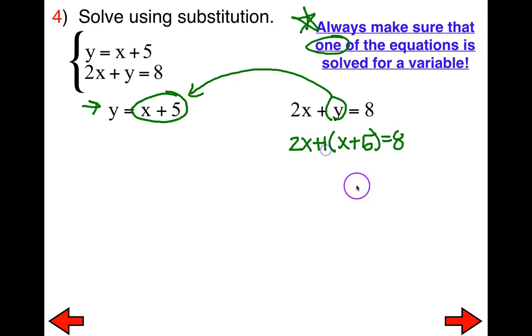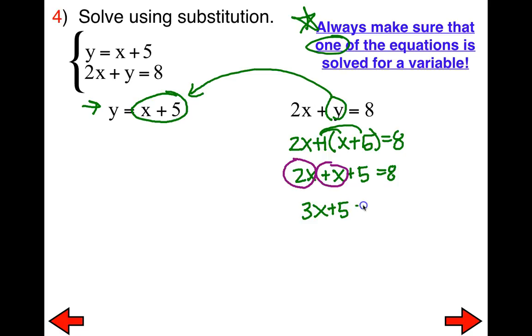There is a positive 1 here that's being distributed, so really it's still 2x plus x plus 5 equals 8. At this point, you're going to combine like terms. So 2x plus x leaves me with 3x plus 5 equals 8.